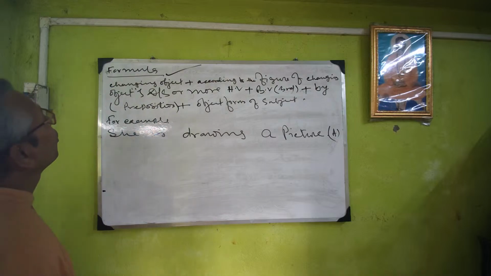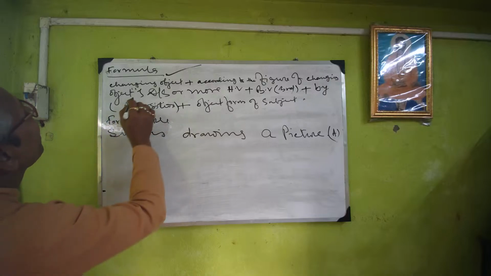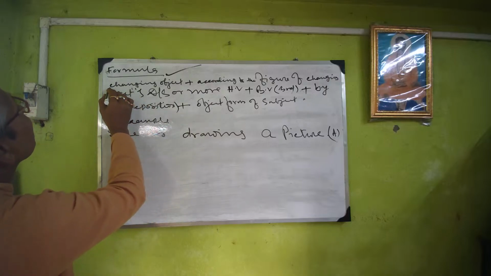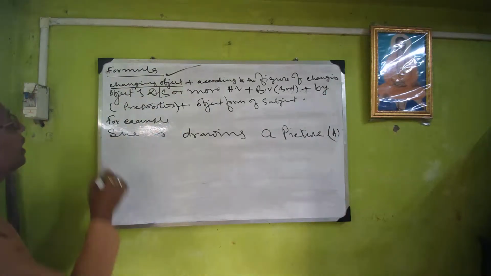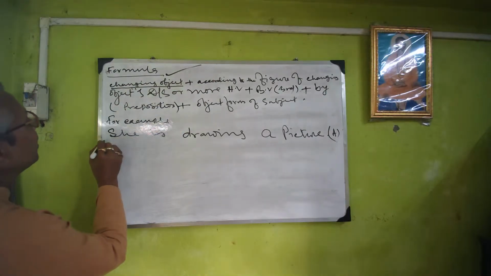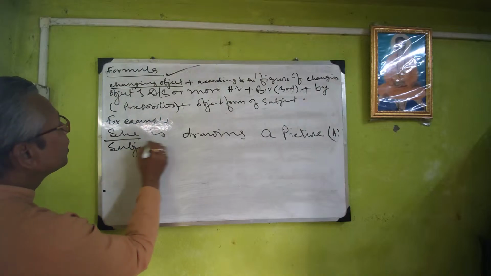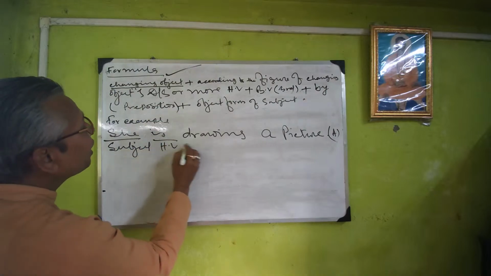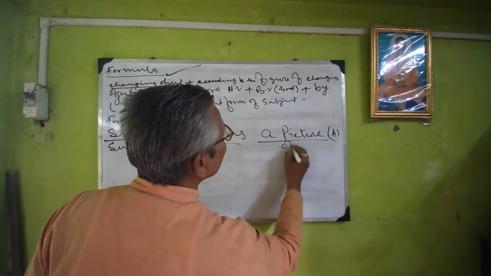Here, she is subject, is HV, drawing BV, a picture object.